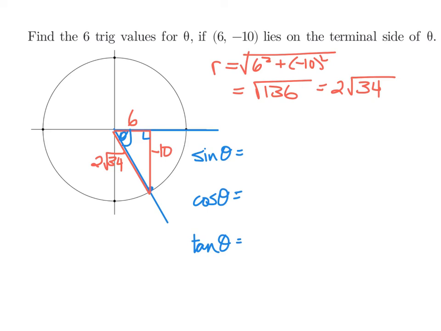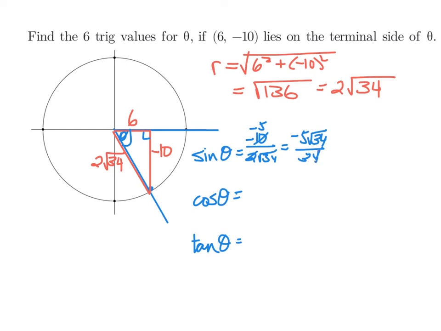But anyway, the sine of theta is going to be opposite over hypotenuse. And we need to simplify this fraction. So first of all, that'll cancel, leave us with negative 5. And we rationalize the denominator, so we're at negative 5 root 34 over 34.